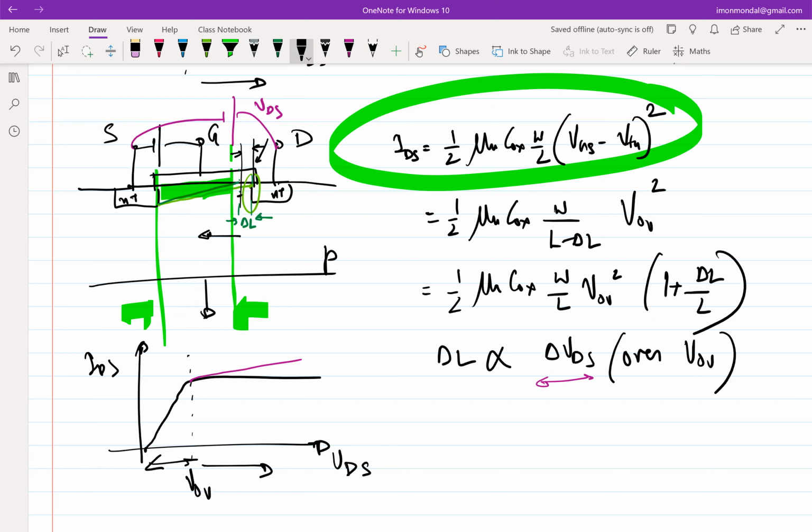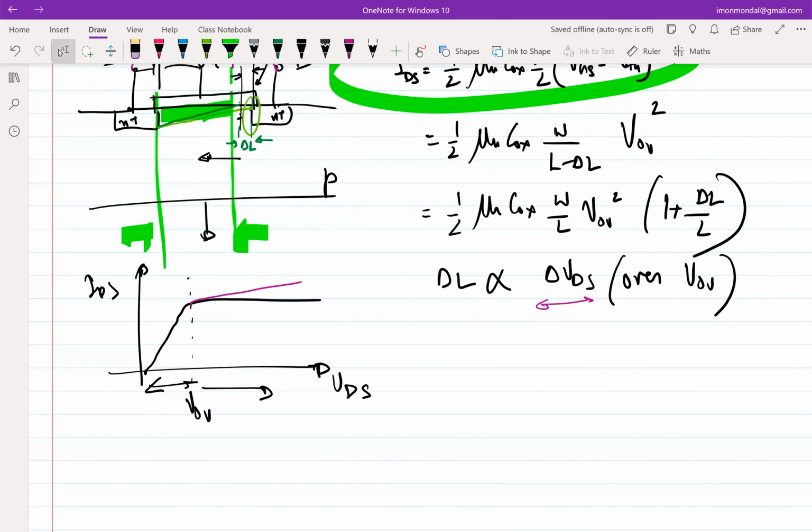But since this overdrive voltage is fairly close to zero, and for ease of modeling, what we tend to do is simply assume delta L is proportional to VDS.